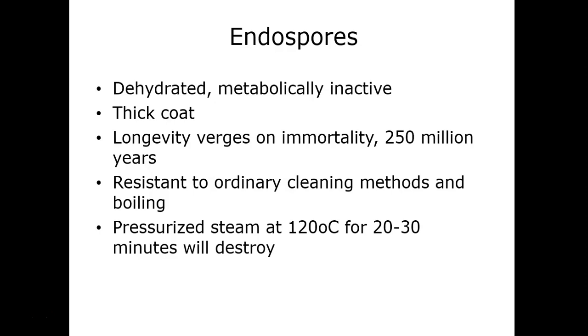They really have to be subjected to very high levels of heat and steam. We use a device called an autoclave, which is basically a giant oven that exposes the cells to high steam, usually about 20 psi for 120 degrees Celsius, very high temperature, for a long period of time, about a half hour, to destroy the spores. So extremely resistant.